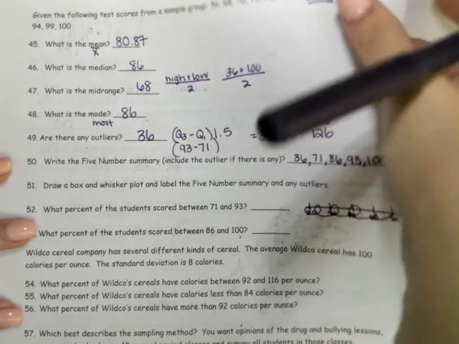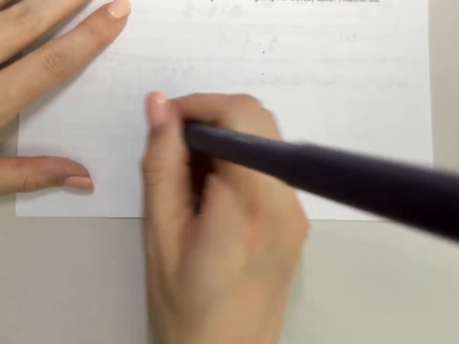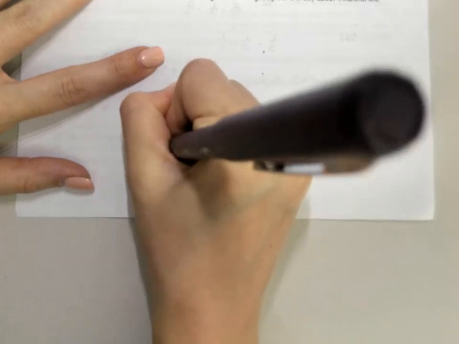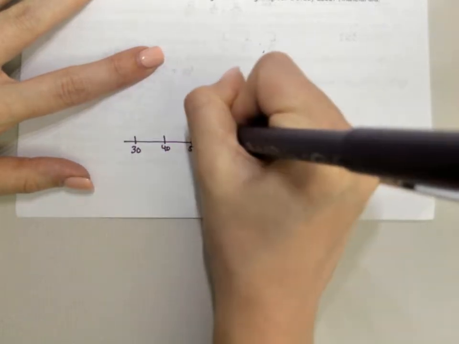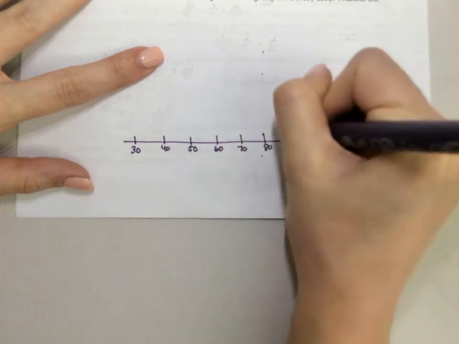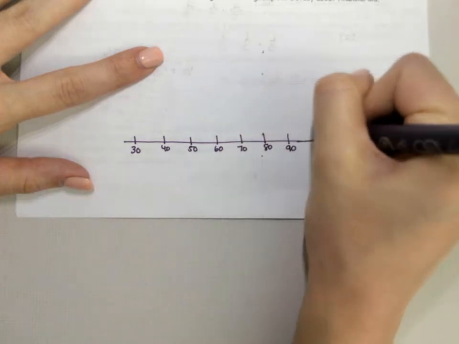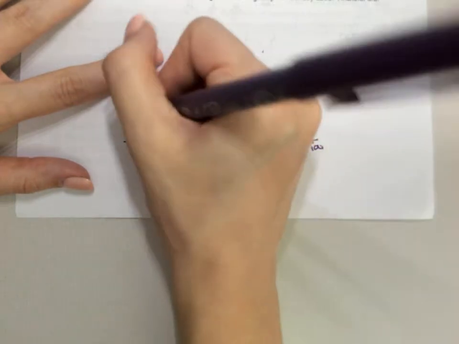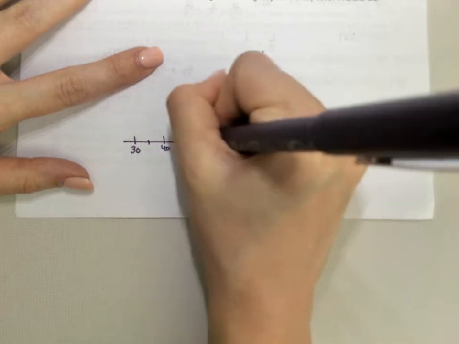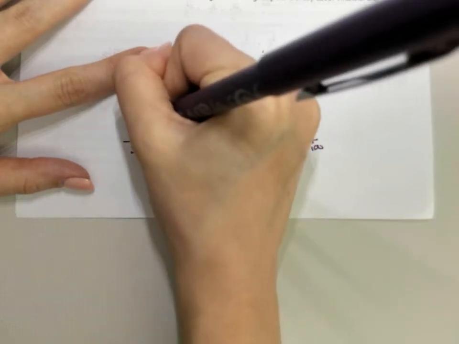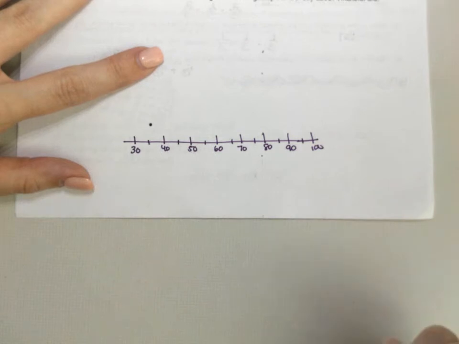Okay, I'm going to go down here. 30, 40, 50, 60, 70, 80, 90, 100. Okay, so we know our min was at 36.